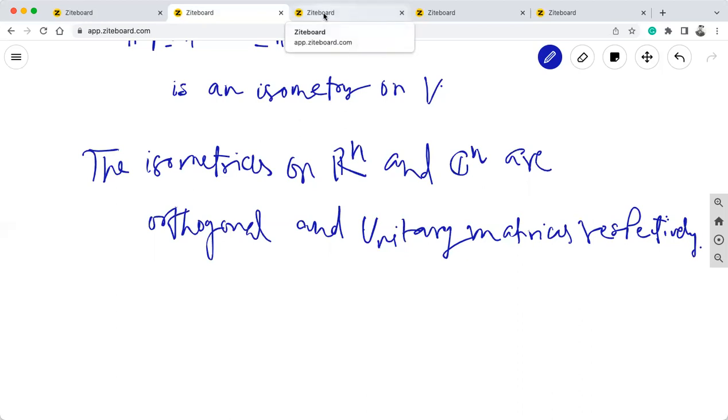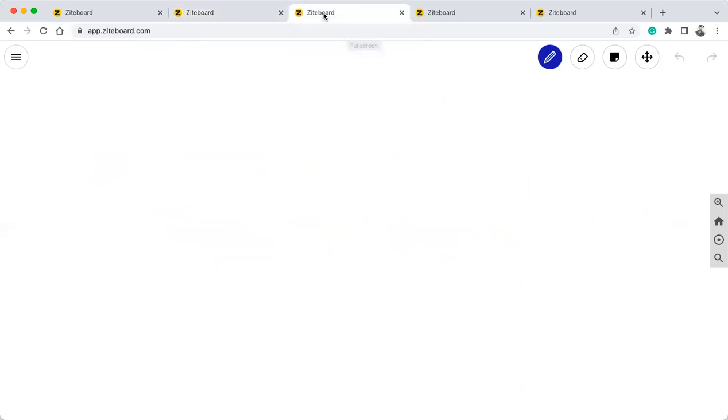Okay, so we'll define certain things regarding some other matrices as well. The first thing we'll be discussing is the normal matrices.